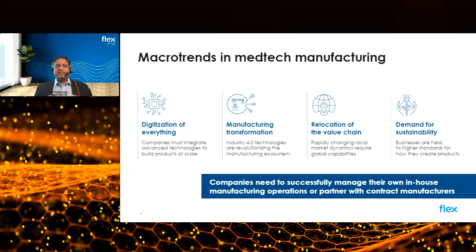How do I integrate my advanced analytics, advanced technologies to build products using this data that I'm gathering? Craig is going to walk us through his slides. But that's the digitization of everything portion within the macro trends.